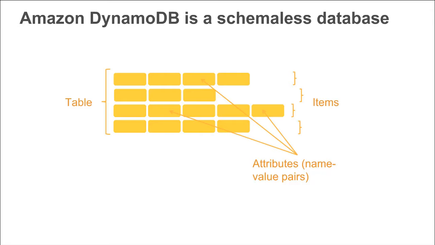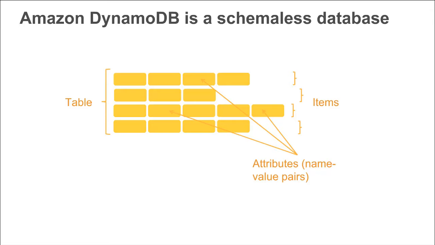Let's take a quick look at how the structure is organized within a DynamoDB database, when you're comparing that with a relational database, right? With a relational database, you have tables, rows and columns. With DynamoDB, you still have the concept of a table, but in place of rows, consider them as items, right?